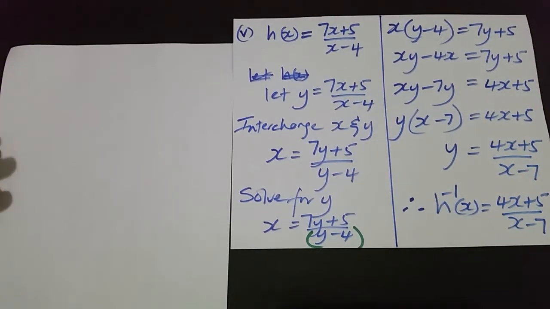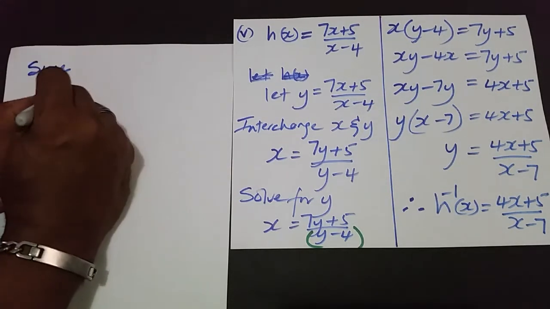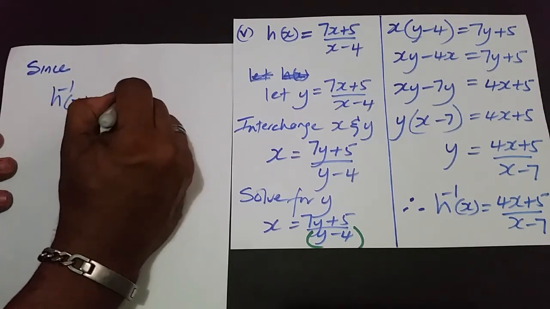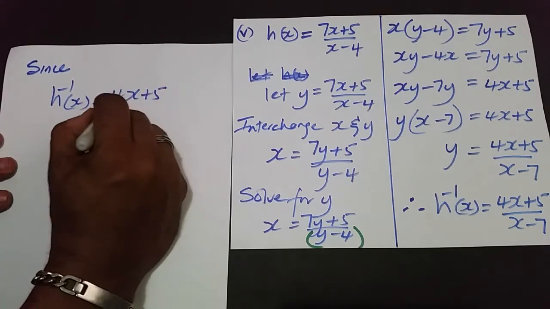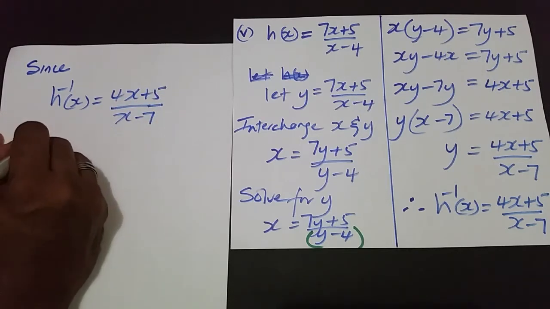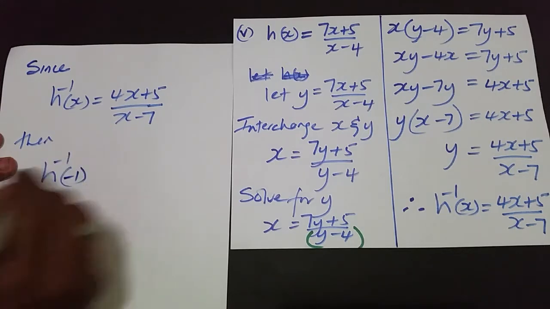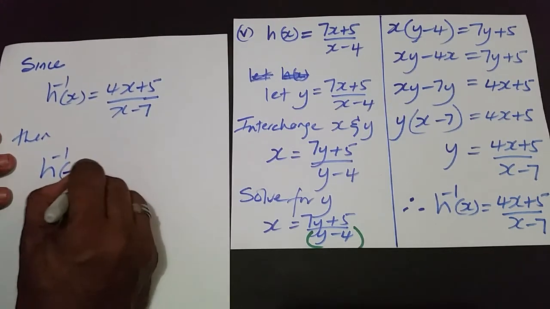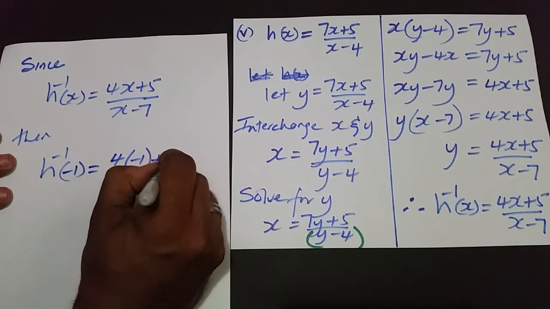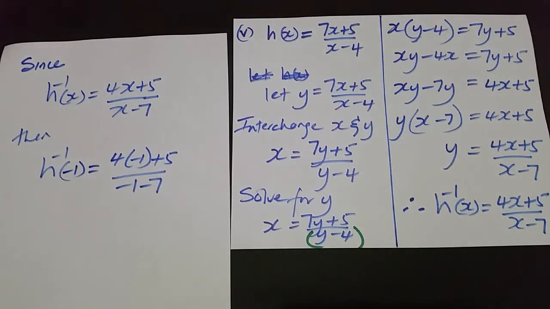Since the inverse of h of x is equal to 4x plus 5 over x minus 7, then the inverse of h of negative 1 is simply going to be equal to 4 times negative 1 plus 5 over negative 1 minus 7.